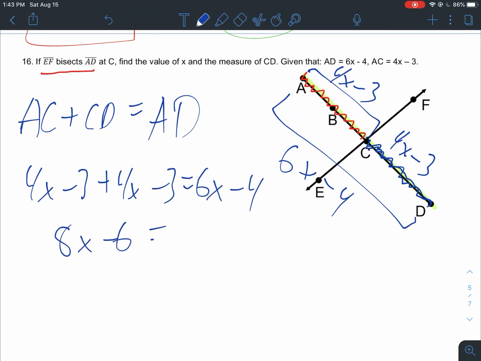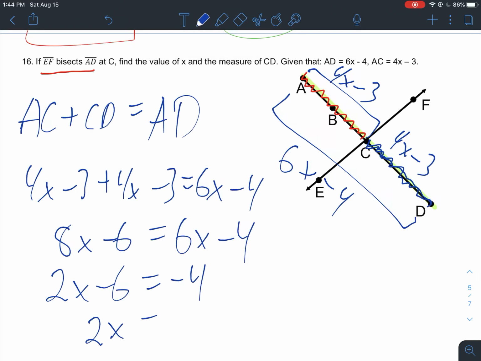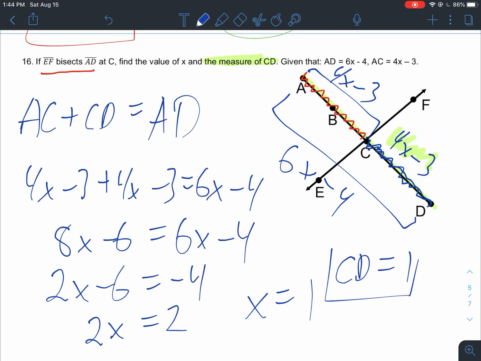Combine like terms. Subtract 6x. Add 6. And divide by 2. And then it does say to find the measure of CD. CD is 4 times 1 minus 3, which is 1.